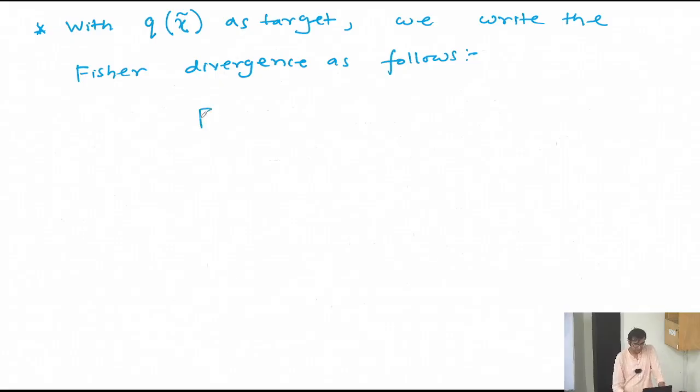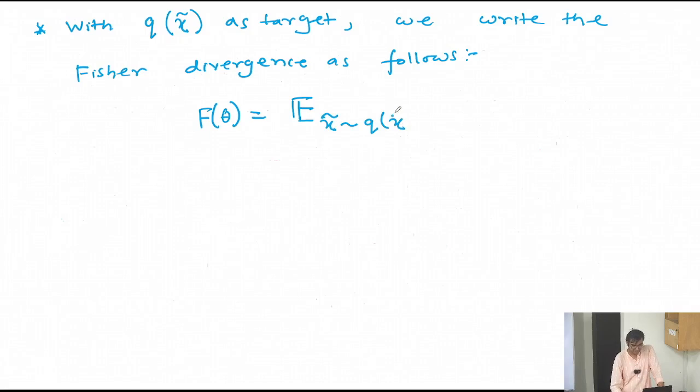So f of theta, tell me how will it look? Expectation with respect to X tilde from Q of X tilde, and then inside the bracket, not the easy form, the original form of Fisher divergence. But how will it look?